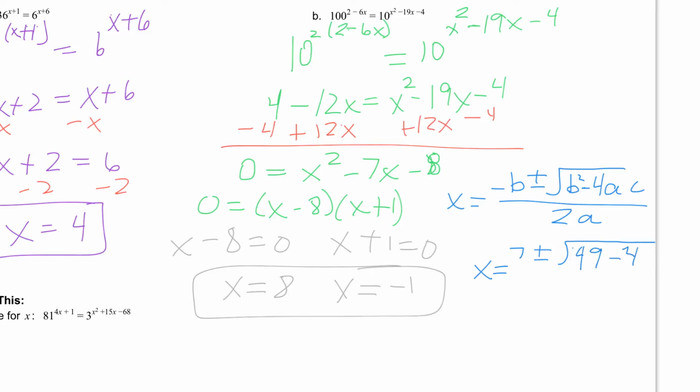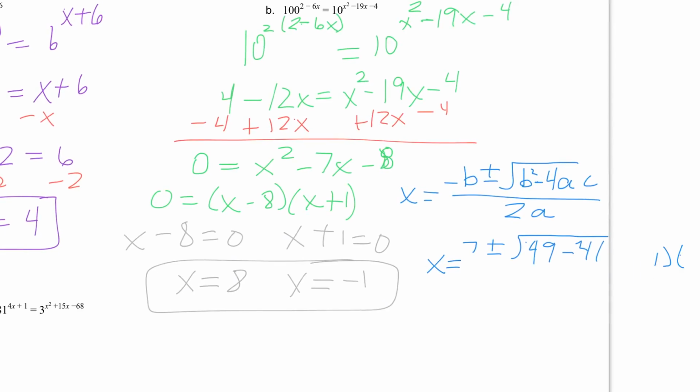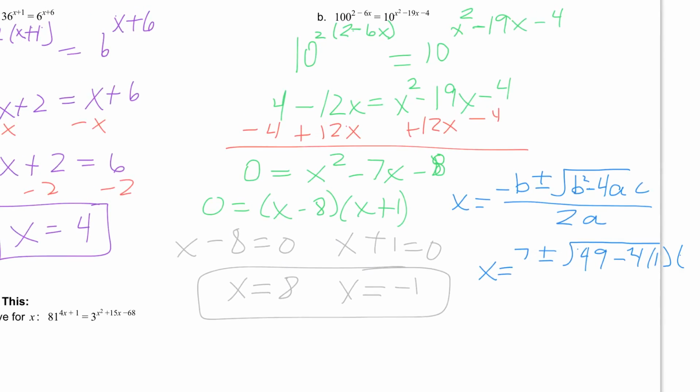Minus 4 times a, the number in front of x squared, which is 1, times c. And c is our constant, which in here is negative 8. And this is all being divided by 2 times a, which is 1.